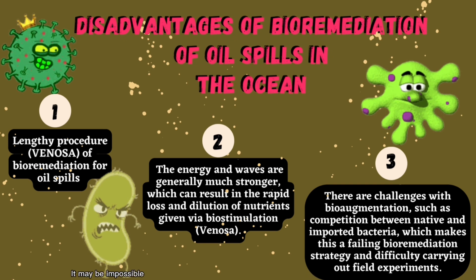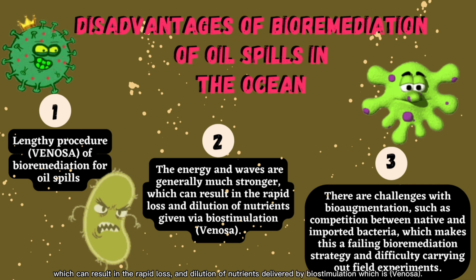It may be impossible to offer adequate nutrient concentration to oil-degrading bacteria depending on where the spill occurred and the conditions of the water. When an oil spill happens offshore, the energy and waves are often substantially higher, which can result in the rapid loss and dilution of nutrients delivered by biostimulation, which is Venosa.